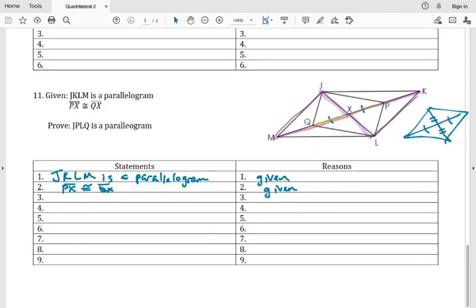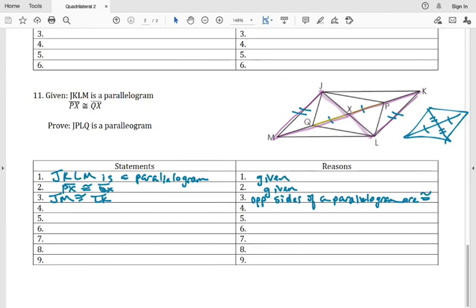All right, so let's see. I know that's a parallelogram, so I know that JM is congruent to LK, and that's because opposite sides of a parallelogram are congruent. So now I can show that this is congruent to this.